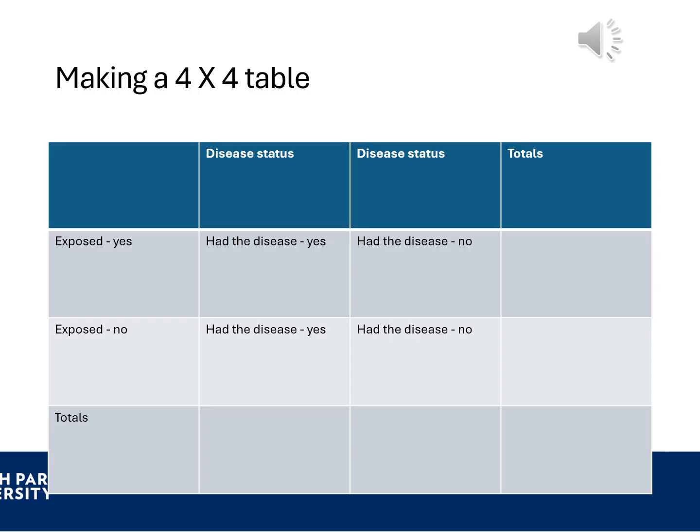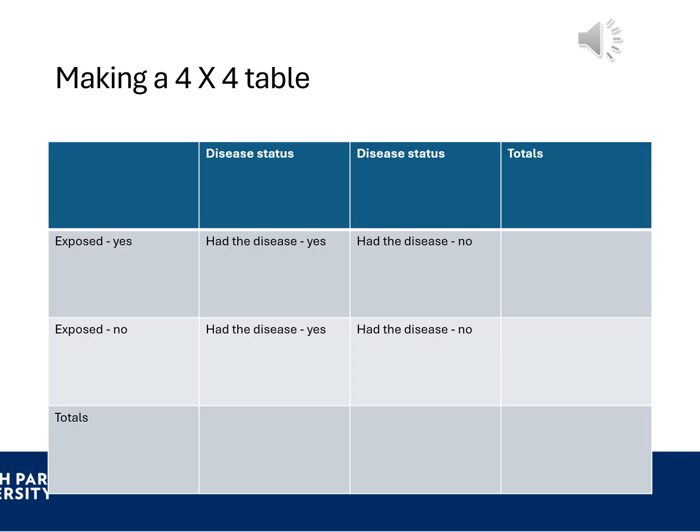And the rows are those who are exposed to the particular risk factor and those who are never exposed, just as we discussed before with colorectal cancer and taking hormone replacement therapy. Each of those cells is given a letter name, A, B, C, D, going across from left to right and then from top to bottom.